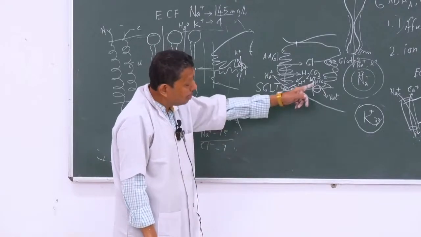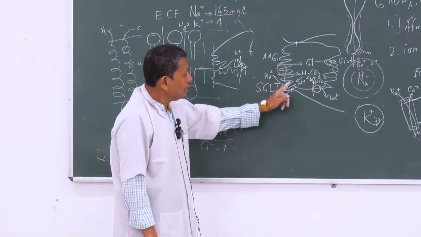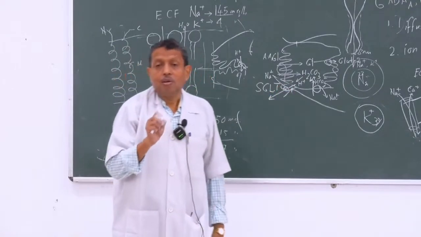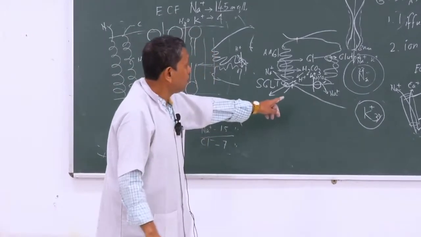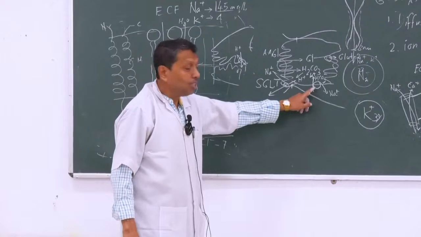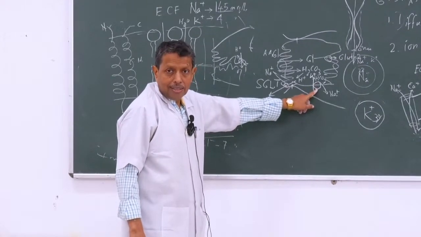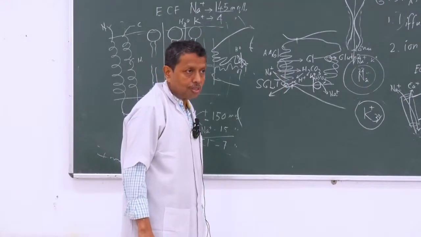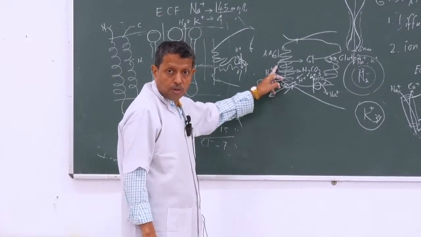And it is also a secondary active transport, because the principal energy comes from the low sodium ion concentration maintained by the active transport of sodium. If the sodium potassium ATPase activity is lowered by any drug, then not only sodium but the entry of glucose by SGLT is affected.